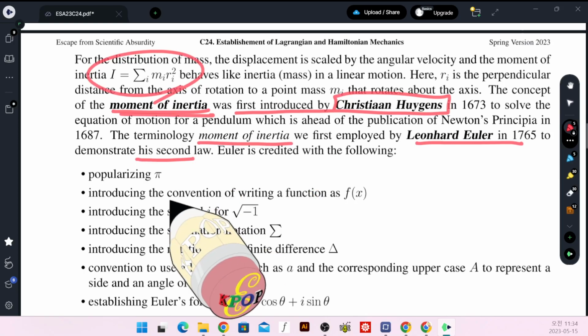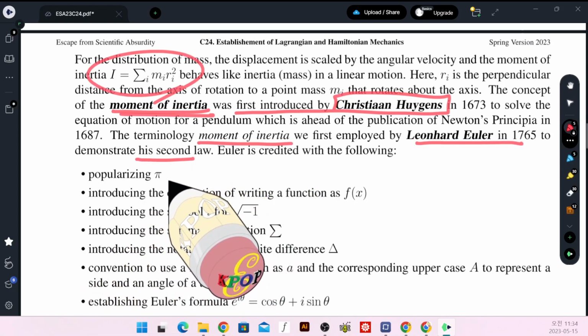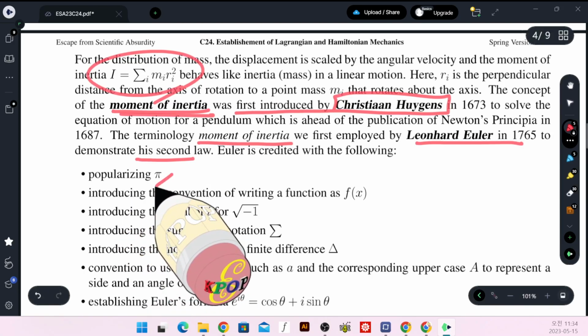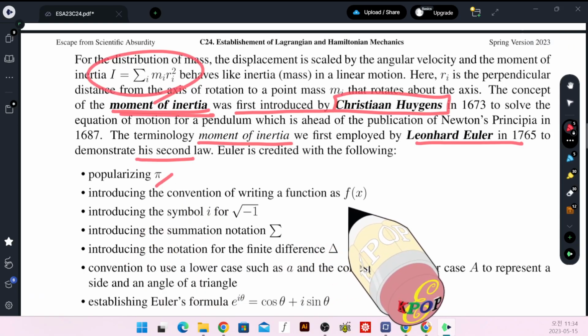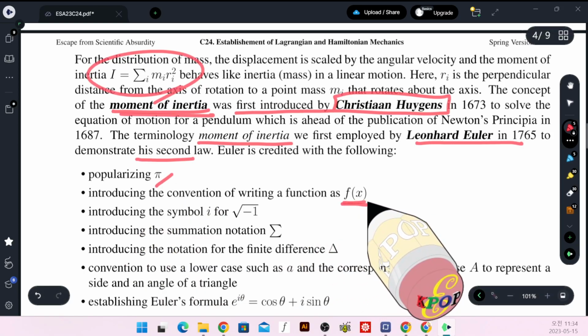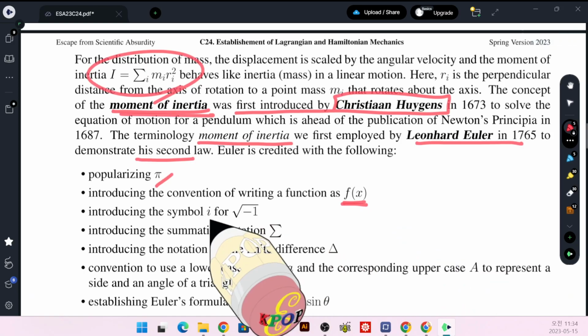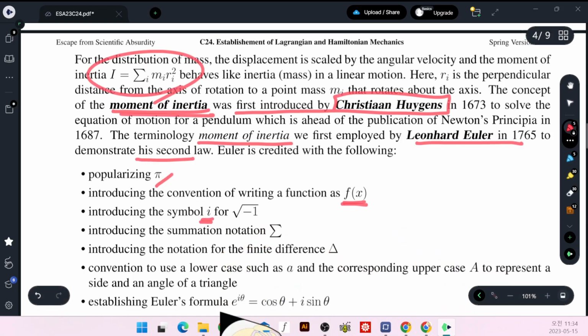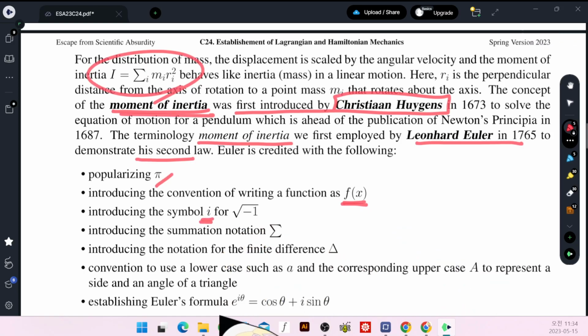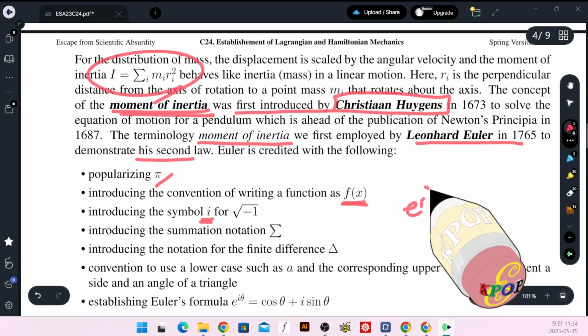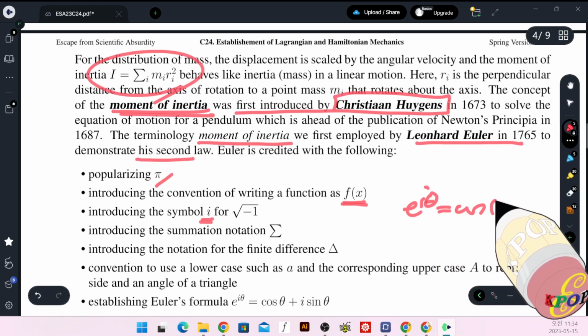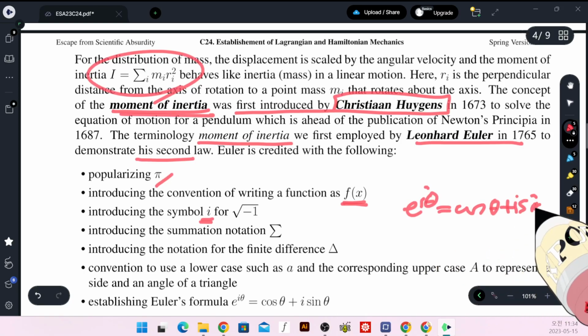Euler is a very, very important person in science and mathematics. He popularized pi and introduced the convention of writing a function as f of x. He introduced i for the square root of -1. We remember Euler's formula, e to the i theta equals cosine theta plus i sine theta.